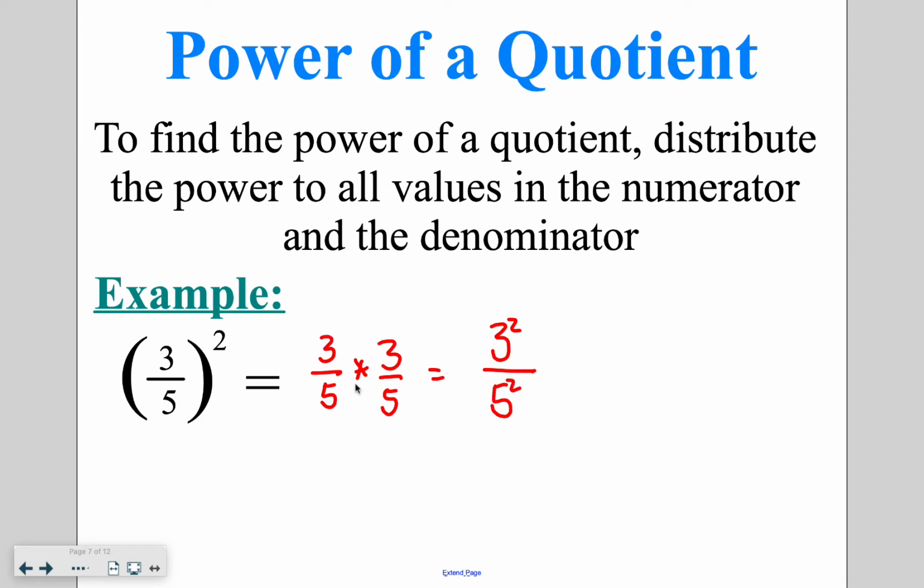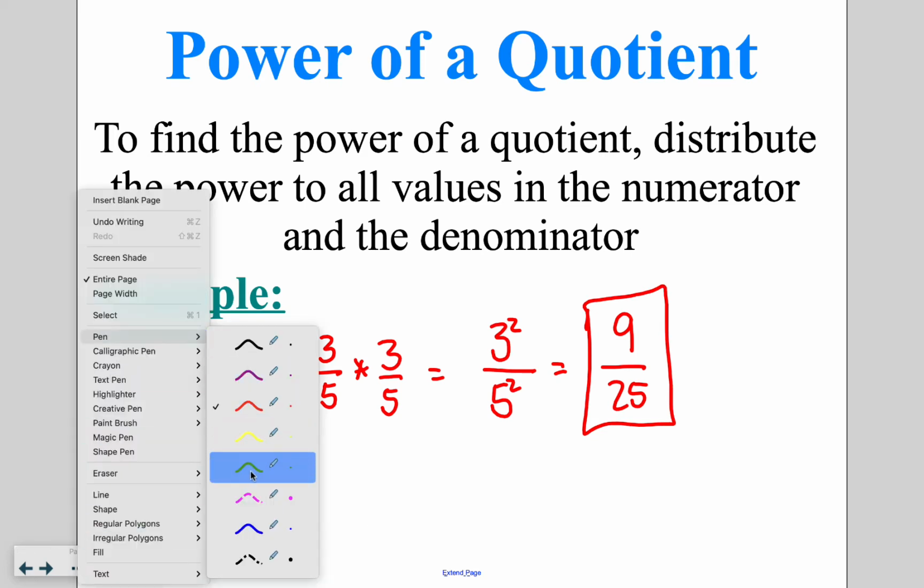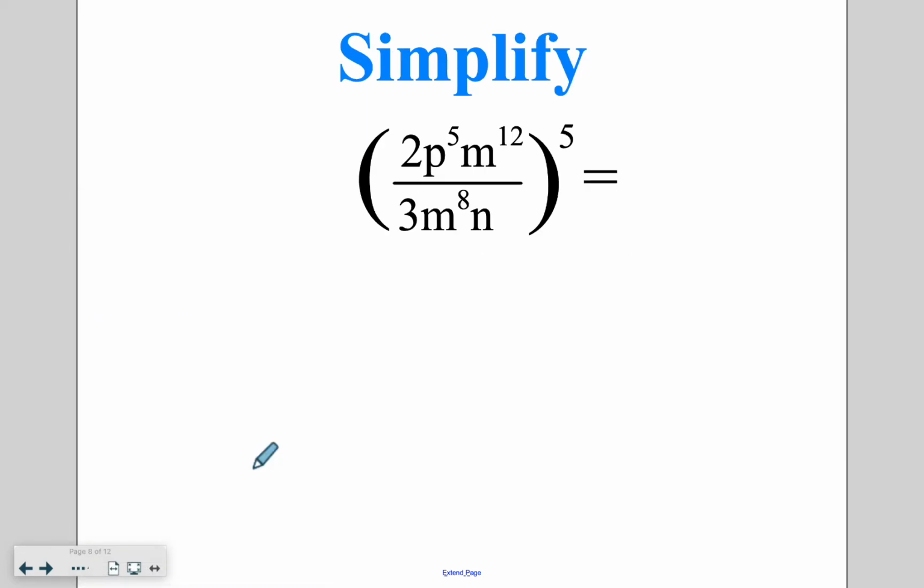So we can skip writing this part out and just distribute that square. Because it is all numerical values, I can solve 3 squared, which is 9, and 5 squared, which is 25, giving me a fraction of 9/25 when I simplify this expression.